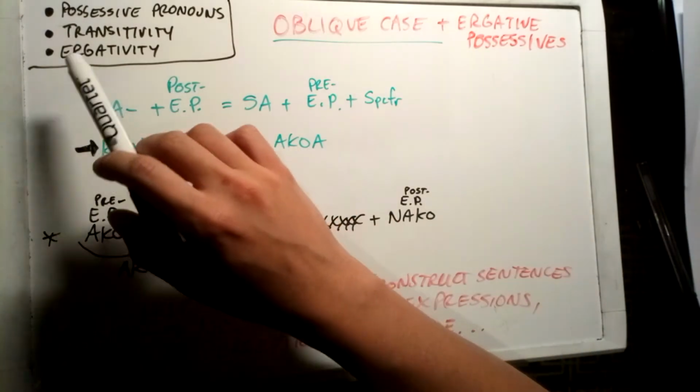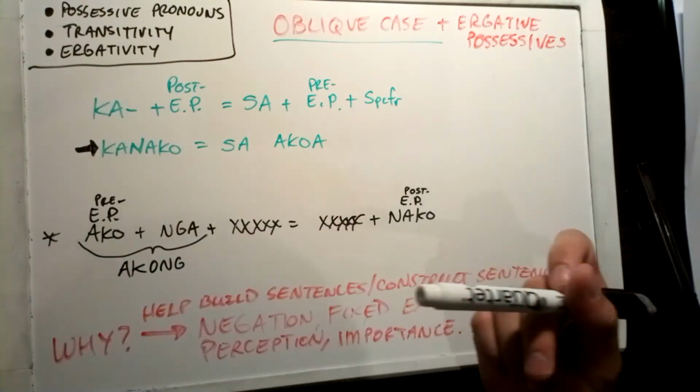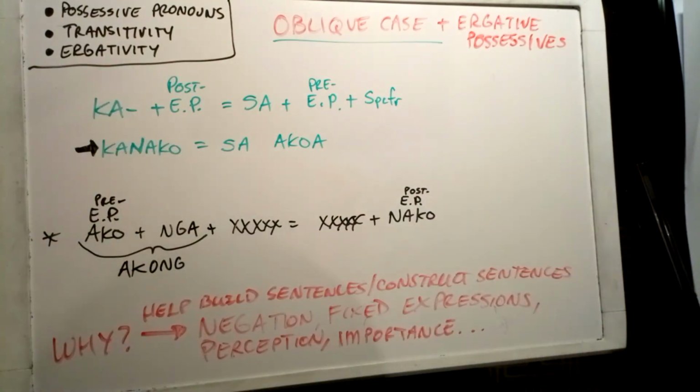How do I express a possessive pronoun, right? Those questions. Transitivity and ergativity, I want you to start thinking about recognizing actions that take objects and transference of objects or indirect objects, right? It really helps if you have a good grasp of direct and indirect objects in English because Cebuano works similarly to that.